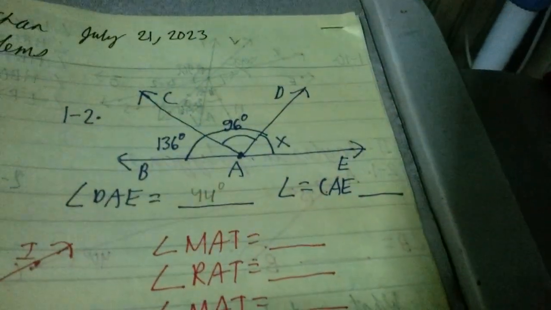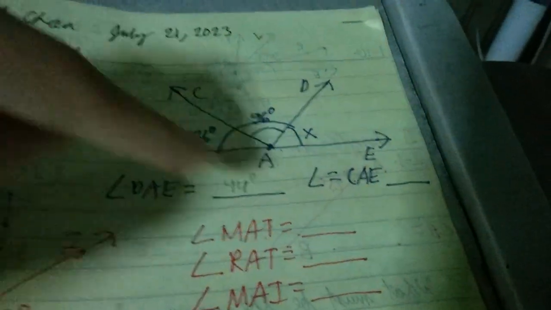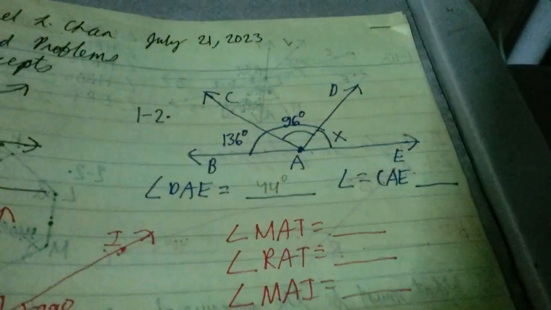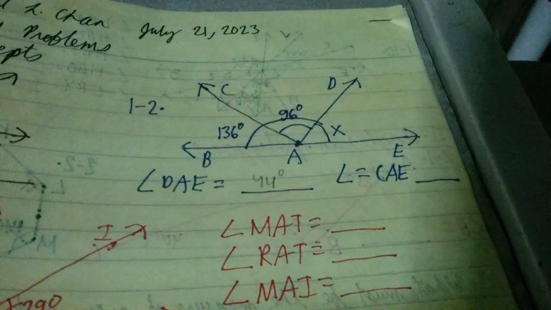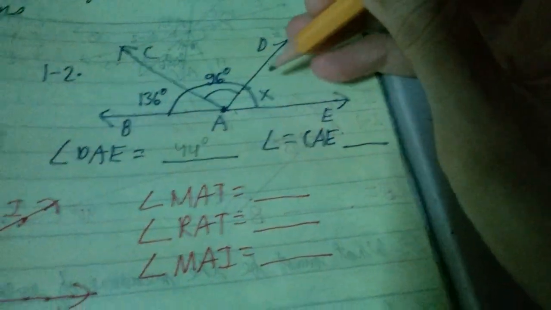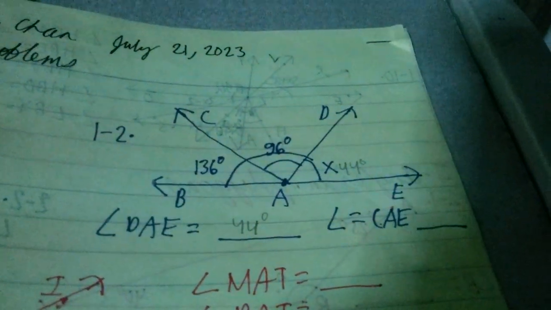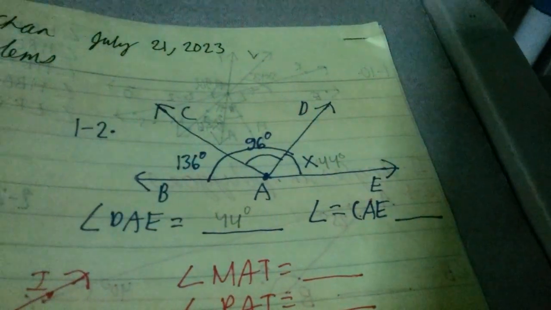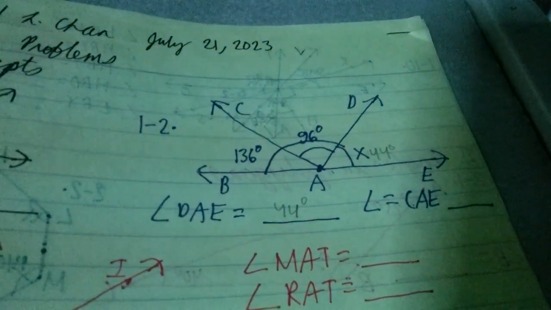Next, we have angle CAE, which is this one, CAE. How do we do this? This is a bit tricky, but do not worry, it's still easy. You know why? Because we got 44 degrees, right? So this one here measures 44 degrees. Tama? You see 44 degrees, and then we need to get 96 degrees. Remember 96 degrees?